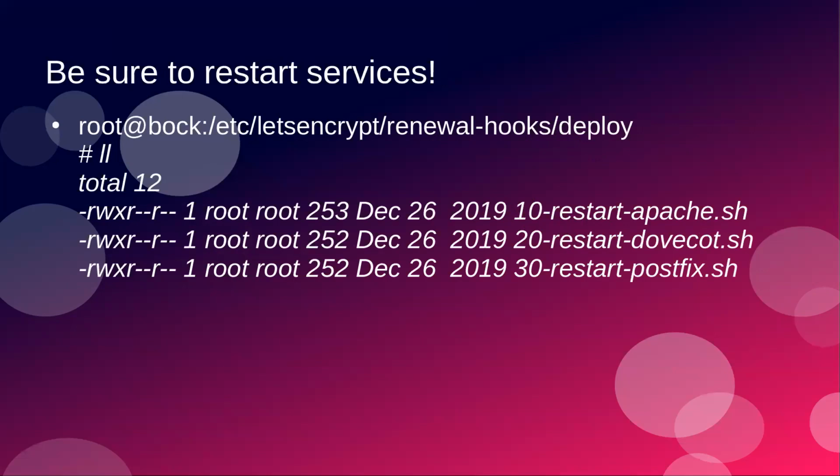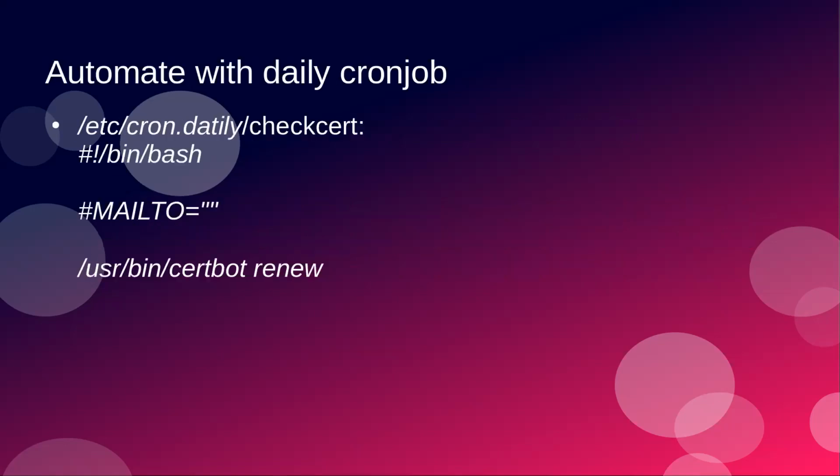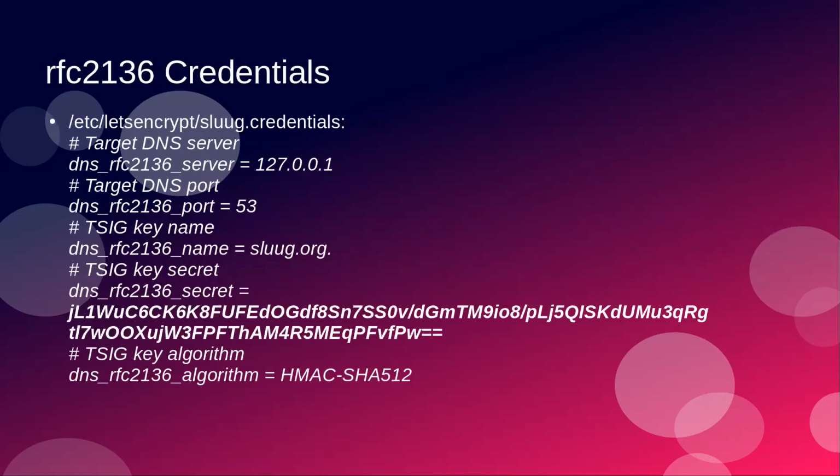Could you explain a little bit more how the dynamic DNS is involved? Because you're setting a DNS record, but I'm confused about the 127.0.0.1 IP address part of it. Okay, in the SLUUG world, we do our DNS kind of differently.